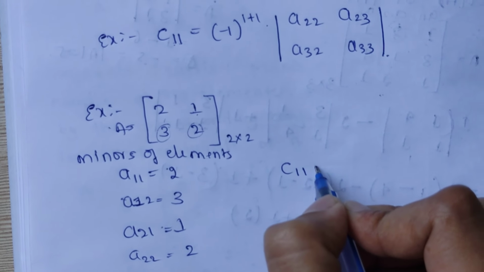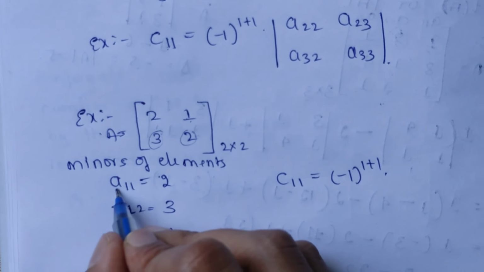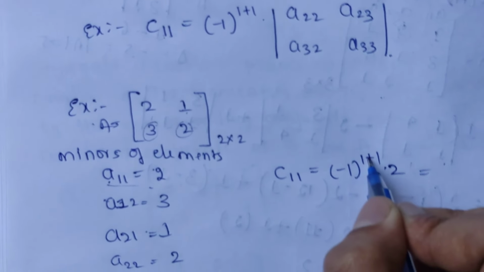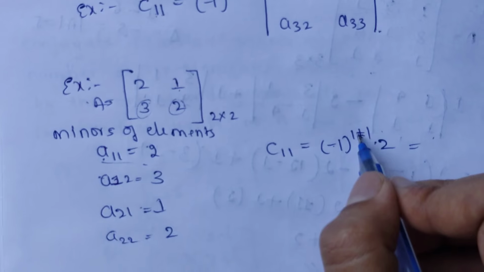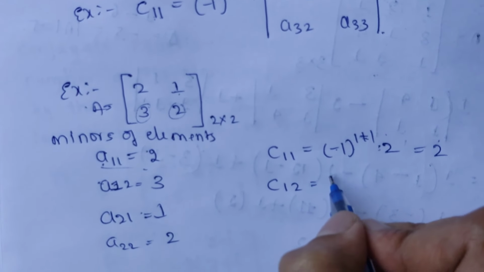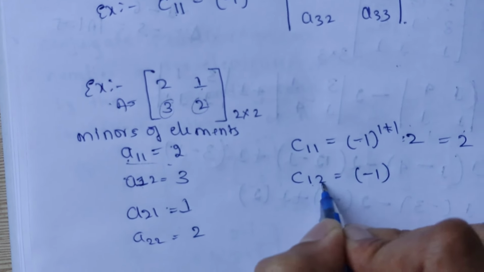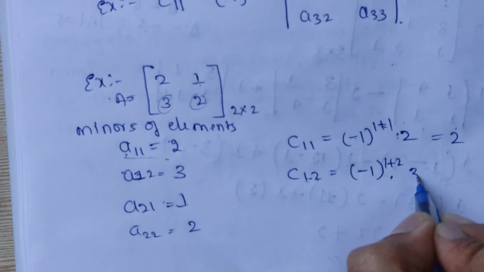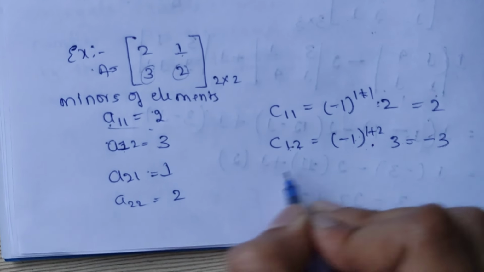So cofactor of A11 element is minus 1 to the power 1 plus 1 into minor of that A11, that is 2. What do we get? Minus 1 to the power 2 is plus 1, so 1 into 2 is 2. C12, cofactor of A12, minus 1 to the power 1 plus 2 into minor of A12 is 3. So minus 1 to the power 3 is minus 1, minus 1 into 3 is minus 3.